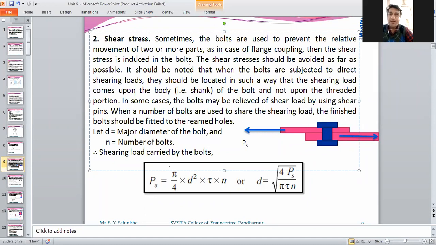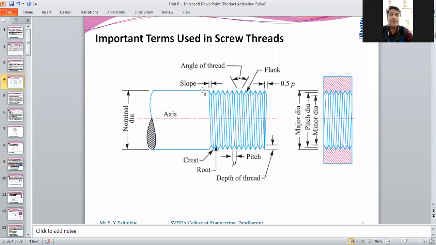It should be noted that when bolts are subjected to direct shear load, they should be located in such a way that the shearing load comes on the body of the bolt, that is, on the shank. What is the shank? It is the part where the threads are not manufactured.